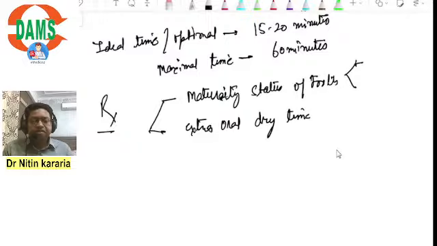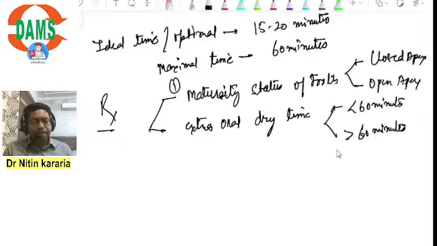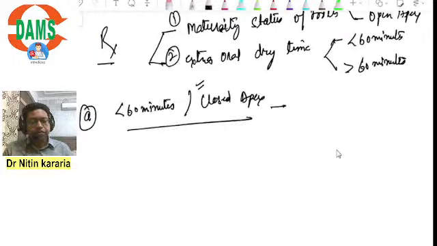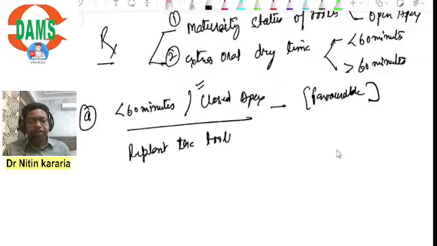Dry time less than 60 minutes, closed apex tooth, it has a favorable prognosis because the time is less. Favorable prognosis. Okay, replant the tooth, and then splint the tooth.